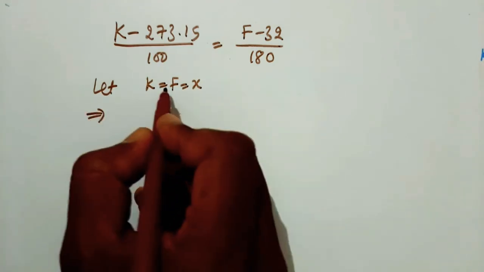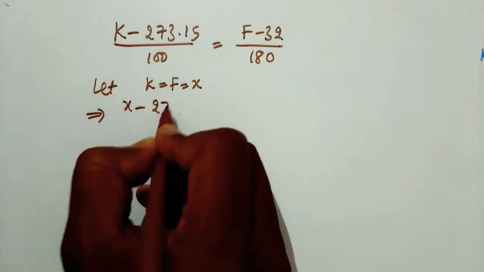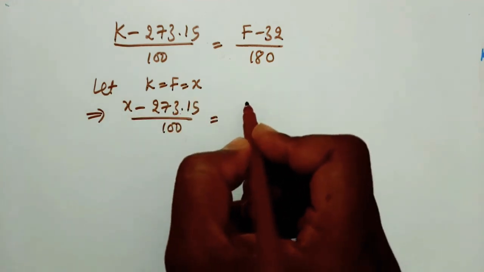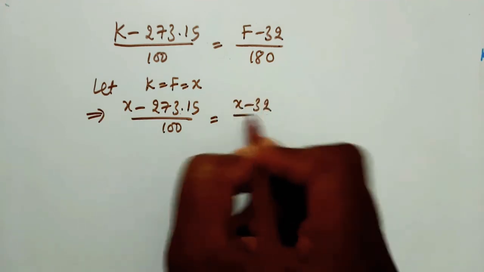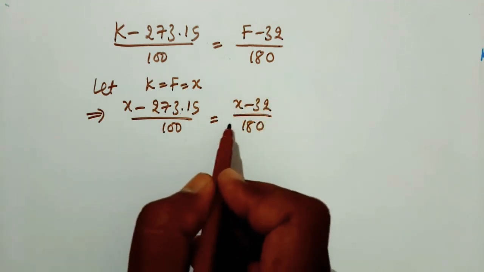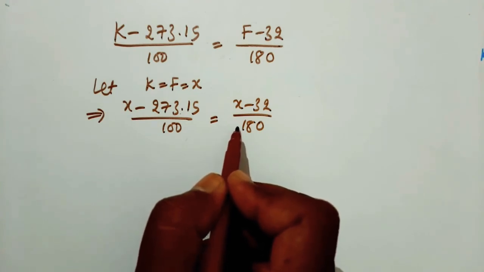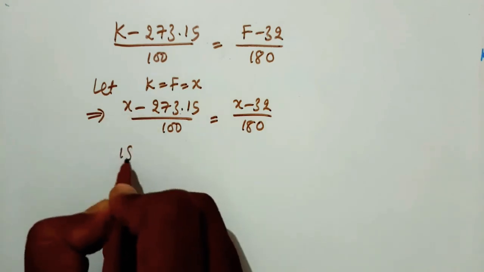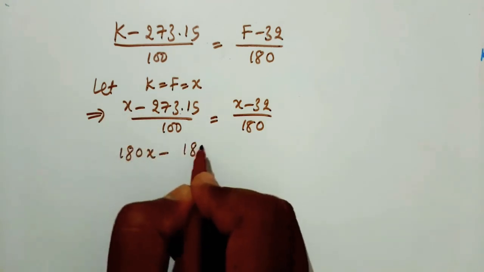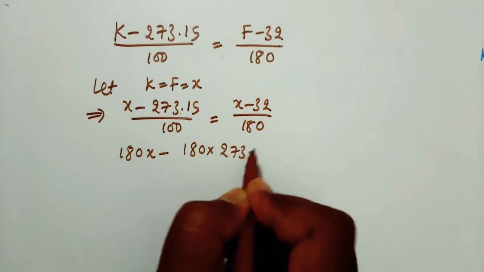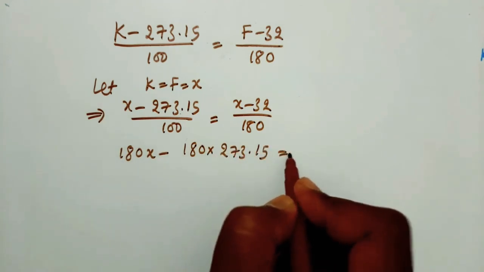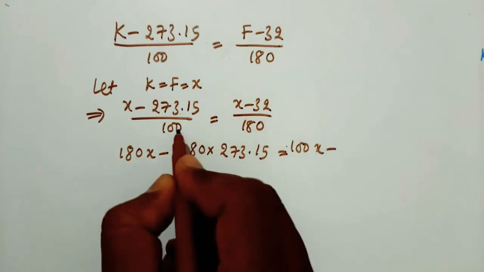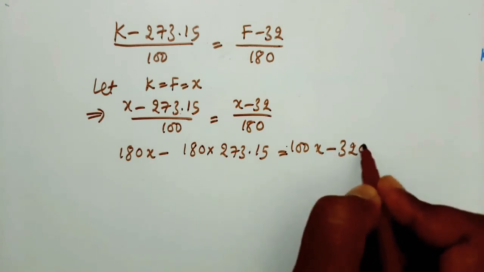So X minus 273.15 by 100 is equal to X minus 32 by 180. We take cross multiplication. So 180X minus 180 into 273.15 is equal to 100X minus 100 into 32, that is 3200.